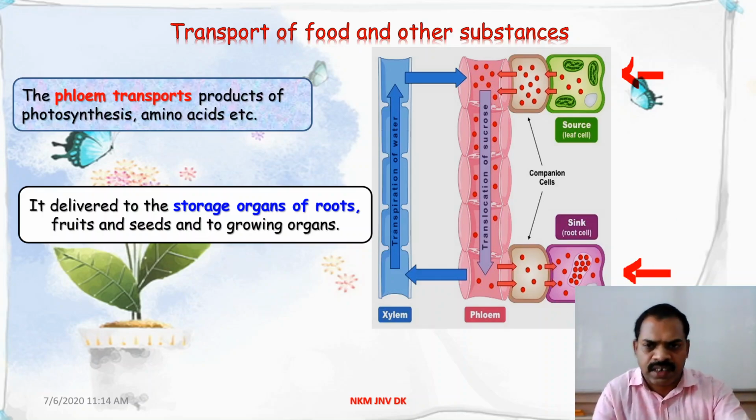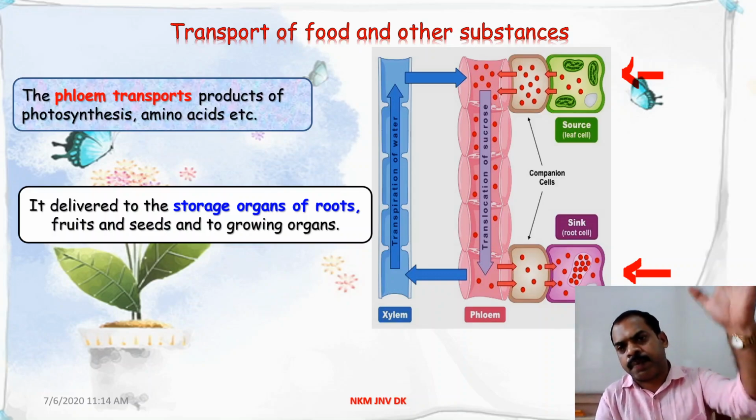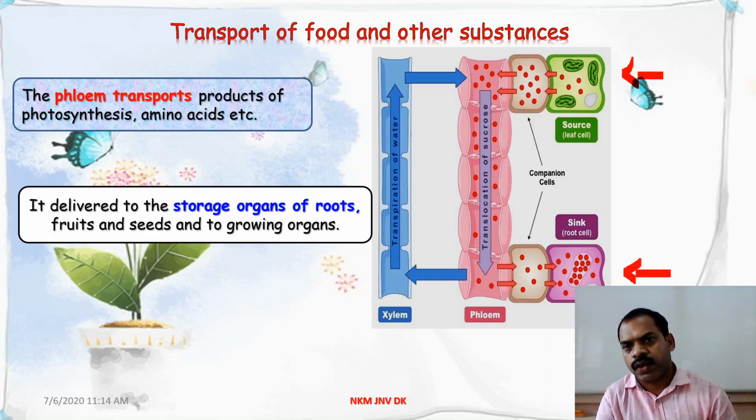Imagine the case of a carrot. The carrot plant will do photosynthesis and produce glucose. The glucose is converted into sucrose, and sucrose is transported through the phloem vessels, the sieve tubes, into the area where it is required, that is called the sink.